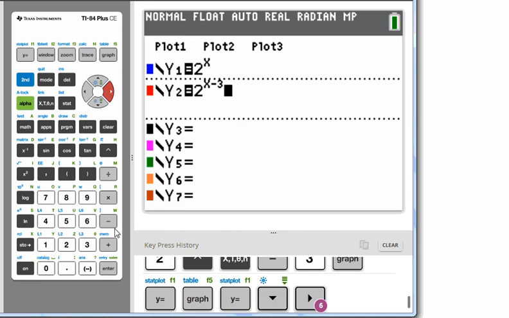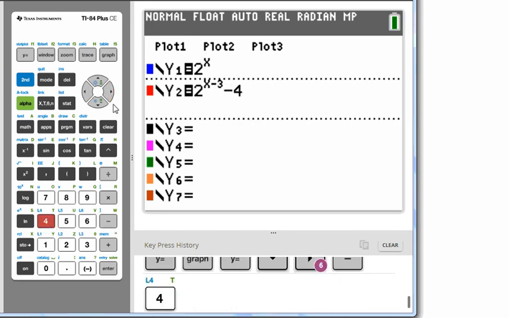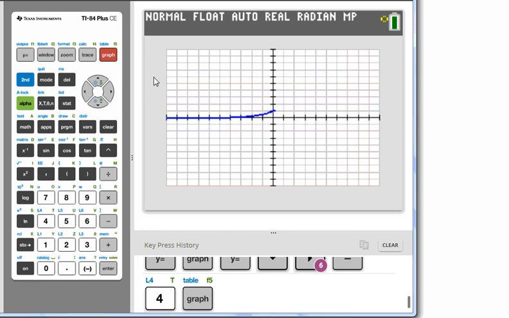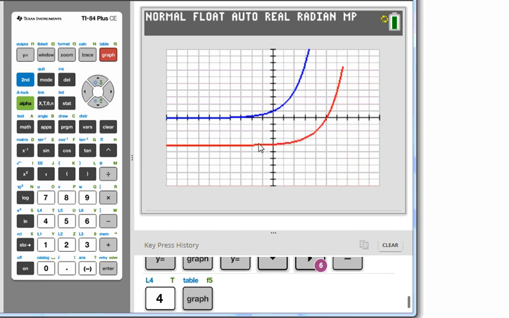We'll take this minus 4, and now we're going to shift that red one down 4 units. So 3 units to the right, 4 units down. It doesn't look like it's 3 to the right because it looks like more than 3, but moving the thing down, if you remember the one before we shifted, it was 3 units exactly.